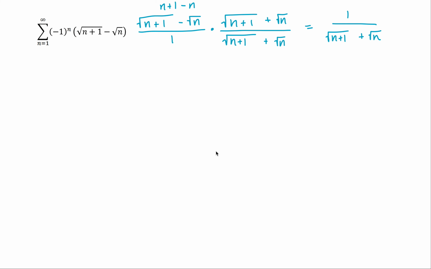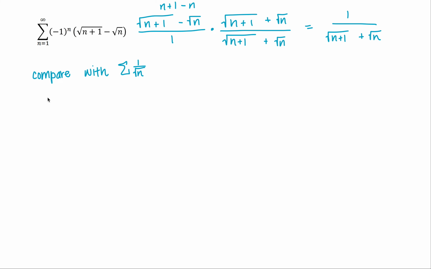Like I said, this is not absolutely convergent, but we're going to use the limit comparison test to show that. I'm going to use the limit comparison test with 1 over the square root of n. This is a p-series where p is equal to 1/2, so we know that this diverges.